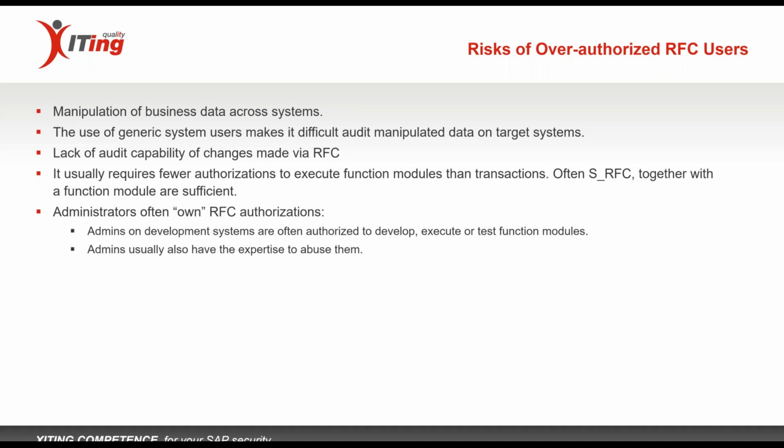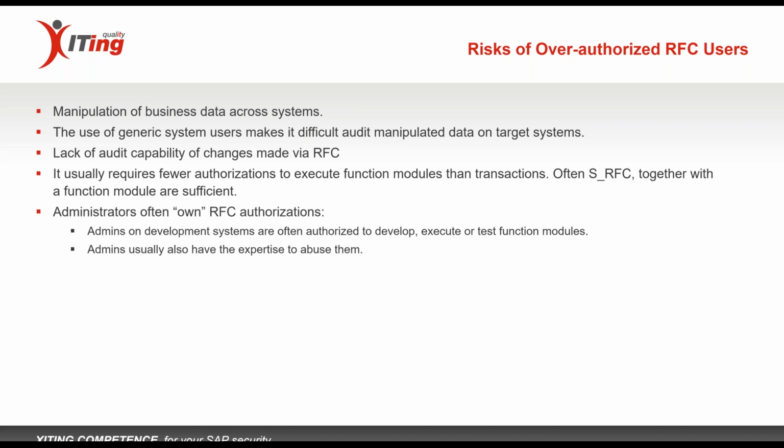The attacker would be on some development system far away, and he will use these technical users in a production system with generic system users, like DEDIC, WF batch or something like that, which makes it very hard in the target system to audit the changes made.